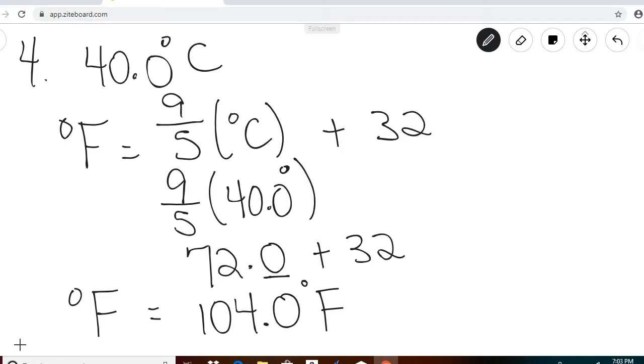Okay, now we are going to jump ahead to number 14. Actually, let's do 13. We'll do 13 first. So number 13, we are given this equation.